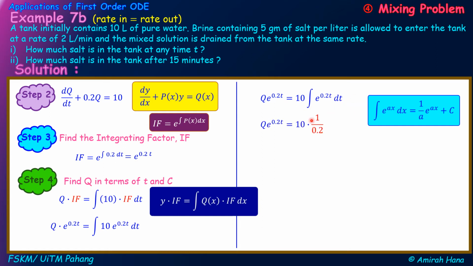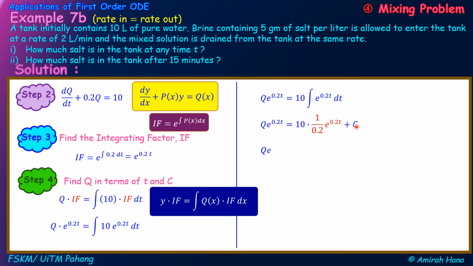So we still have Q e to the power of 0.2t on the left hand side, and then equals to, we have 10 here in front, and then when we integrate e to the power of 0.2t dt using this formula, we get 1 over a, which is 0.2, and then e to the power of 0.2t, plus c.